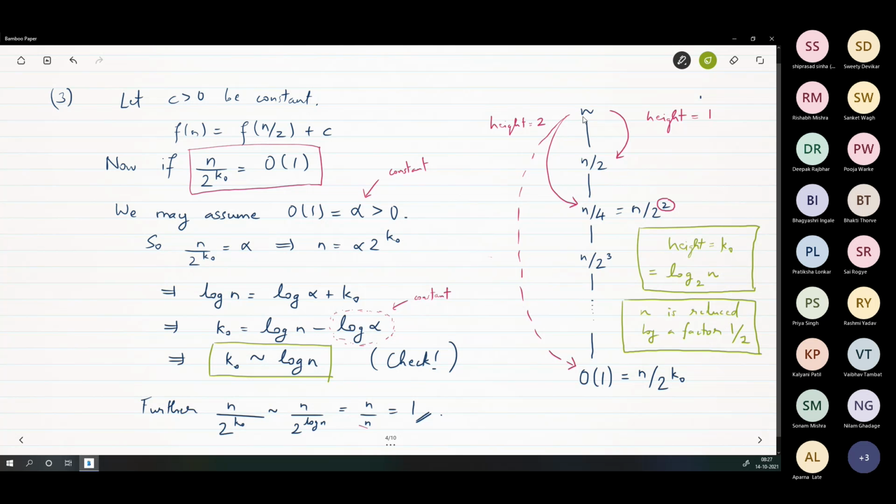So if you were considering n by 3, n by 3 squared, n by 3 cubed, and so on, then you would have k naught equal to log n to the base 3, because your factor is 1 by 3.